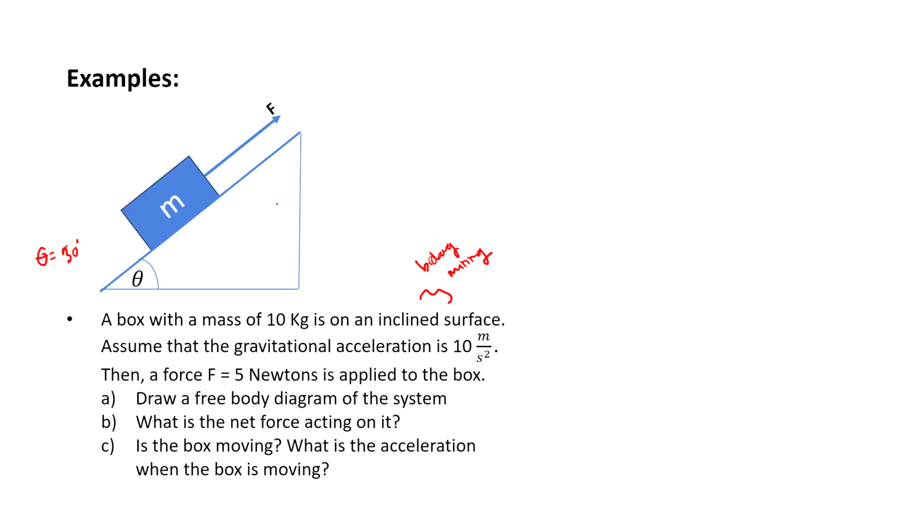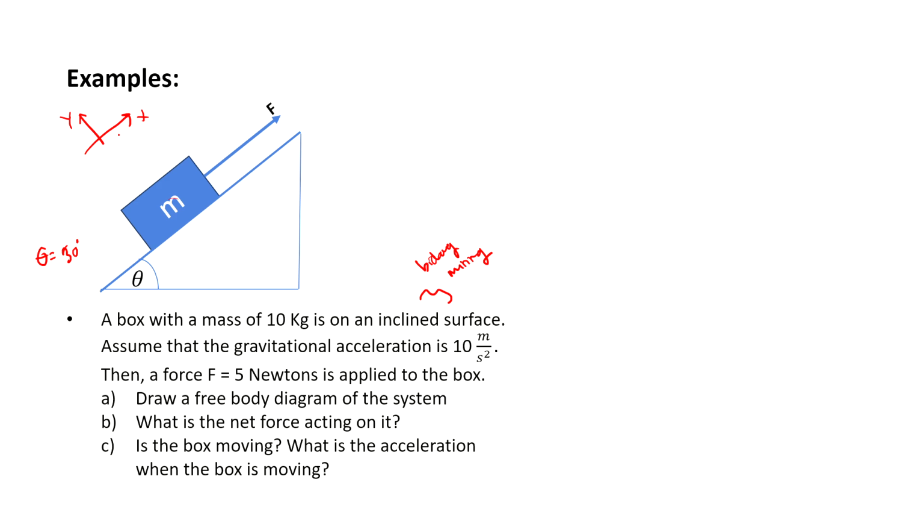Let's assume that the gravitational acceleration is 10. Then an external force pulling the box is F, which has a value of 5 newtons, applied to the box. To draw a free body diagram, we can start by making x and y axes here.